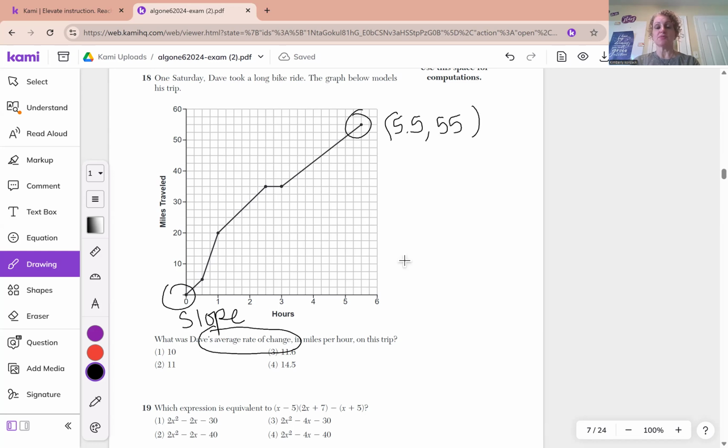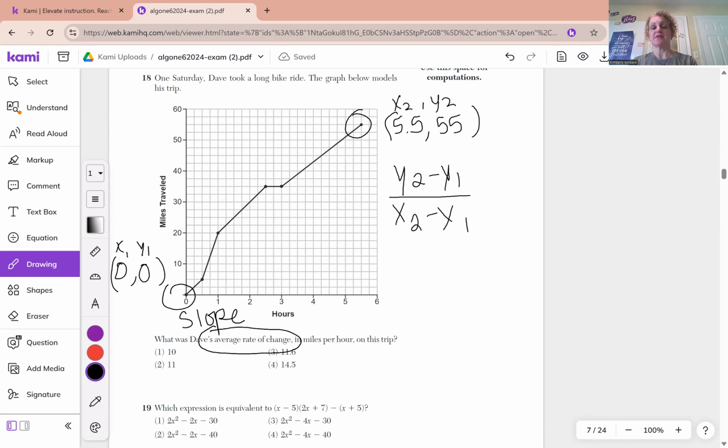So we just use the slope formula, y2 minus y1 over x2 minus x1. Our original point is 0, 0, right? So x1, y1, x2, y2.